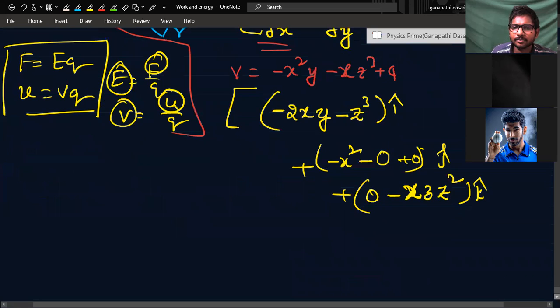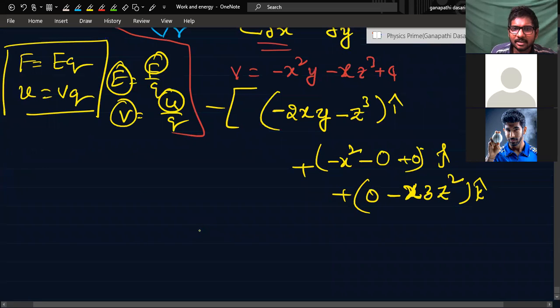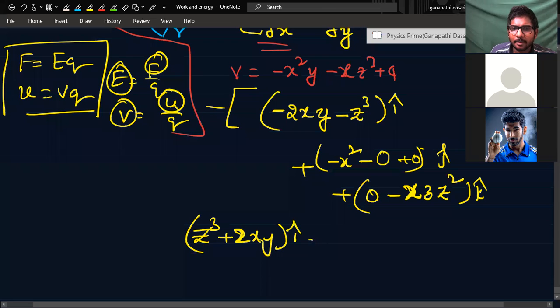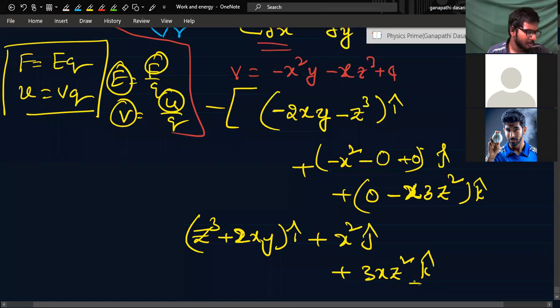So if you multiply all with minus, what will happen? Z cubed plus 2xy into i cap plus x squared j cap plus 3xz squared k cap. You check the answer where it is present here.